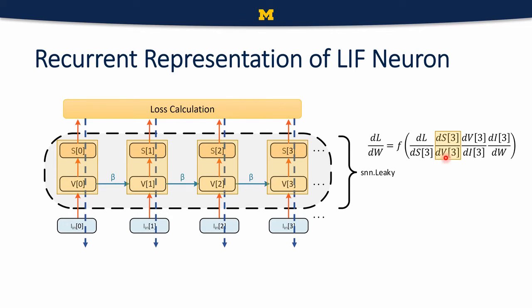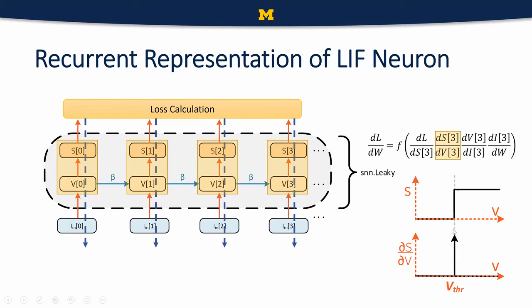If we take a small step or a small change in voltage, if I was to shift the membrane voltage, what's going to happen, right? So I said that if the voltage exceeds your threshold, then you emit a spike. If it's below the threshold, then your neuron is quiet. There's no spike. Now, if I take the derivative of S with respect to my membrane potential, well, it's 0 everywhere below the threshold. There's no change, and then above the threshold, it's 0 everywhere.